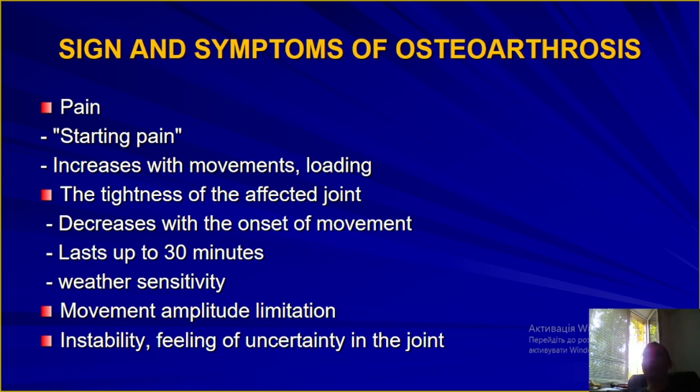The very specific symptom of osteoarthritis is so-called starting pain. It is a pain which appears in patients at the beginning of the movement and very quickly disappears after a few movements, a few seconds after the patient starts their movement. So it is a very specific symptom for osteoarthritis.